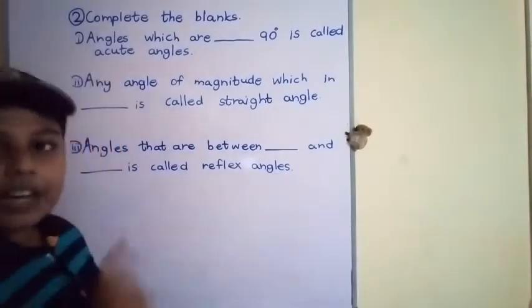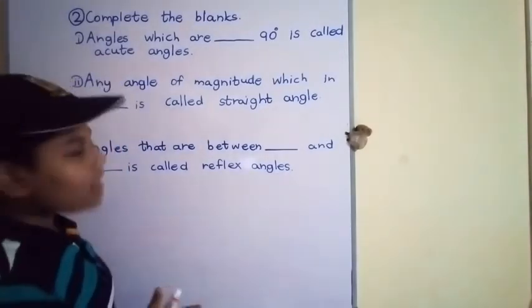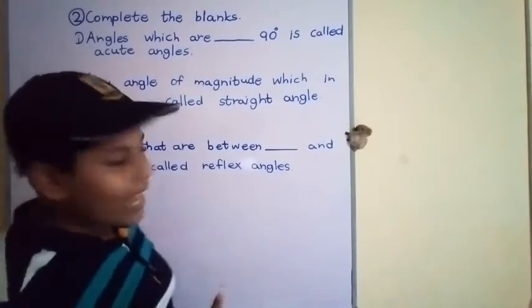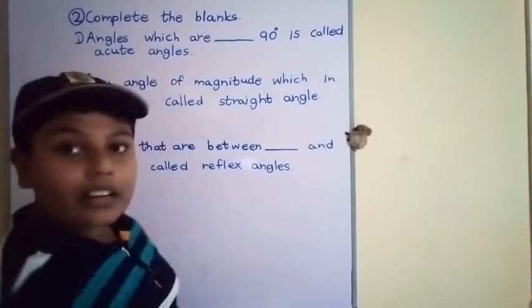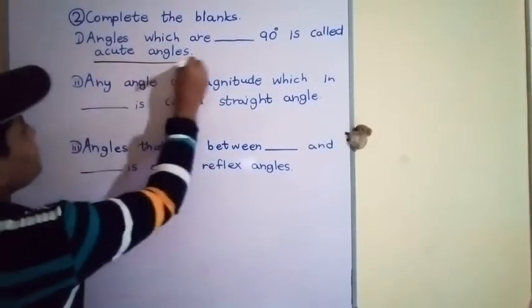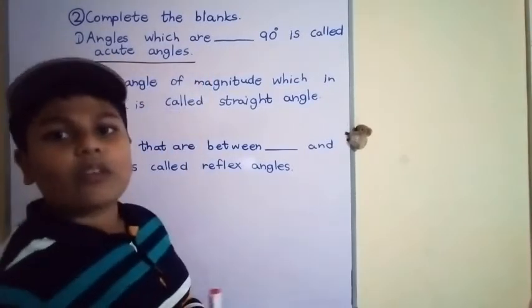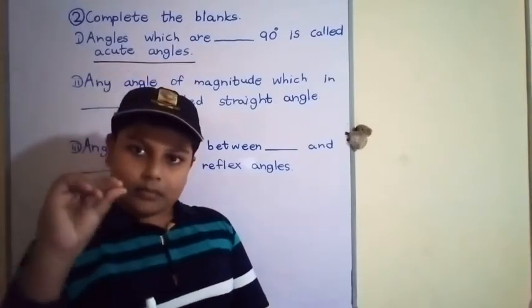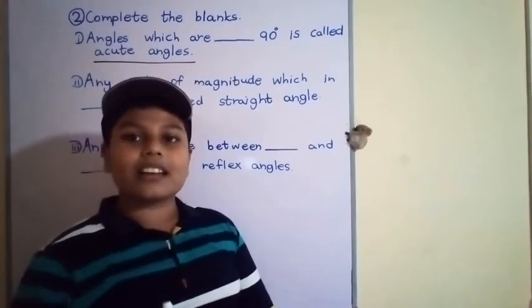These blanks we want to complete with an answer. What is the first one? Angles which are blank 90 degrees are called acute angles. Is it between, greater than or less than?